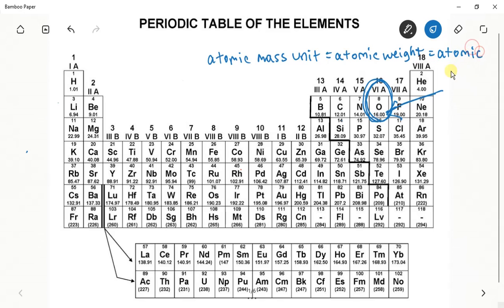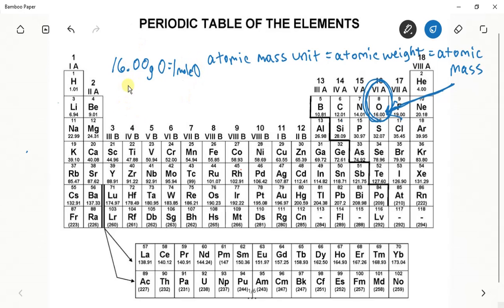These could be called any of these three, and they're still just talking about the weight down here on the bottom of the square, the 16.00. So 16.00 grams of oxygen equals 1 mole of oxygen.